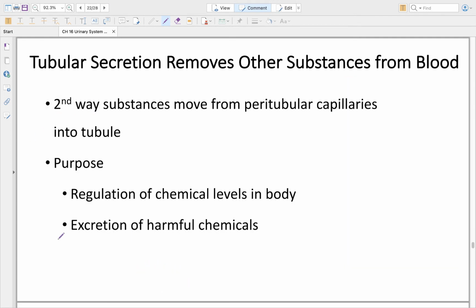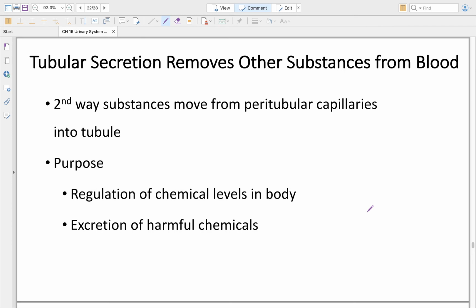Okay, now secretion, the third step. Our body secretes waste in two ways: through the filtration process, which was step 1, and through the tubular secretion process, which is step 3. And there are certain chemicals that just get secreted in this step and don't enter at the glomerulus.